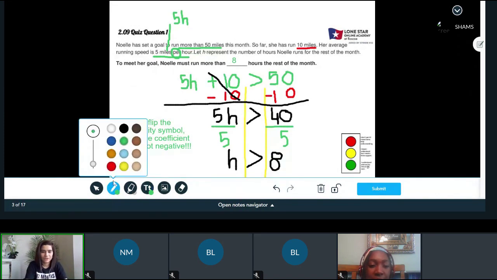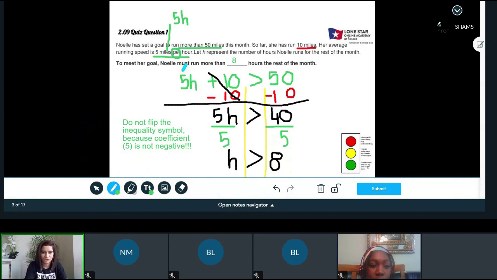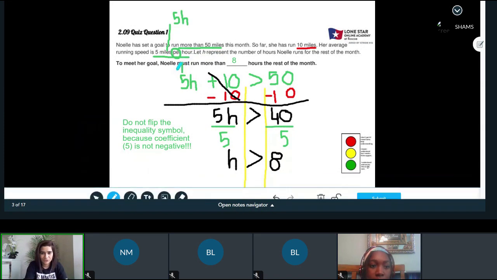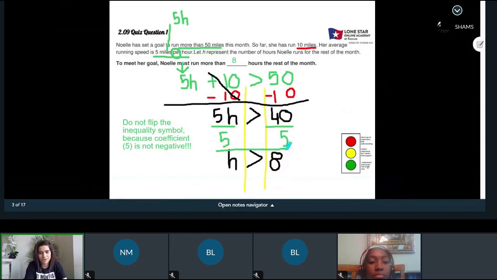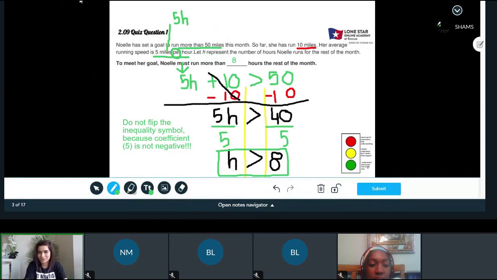So we really do not have to flip it. And here is that coefficient part. This is the coefficient. It is positive. Whenever it is positive, you do not have to flip the symbol, right? It will stay greater than. Any questions?